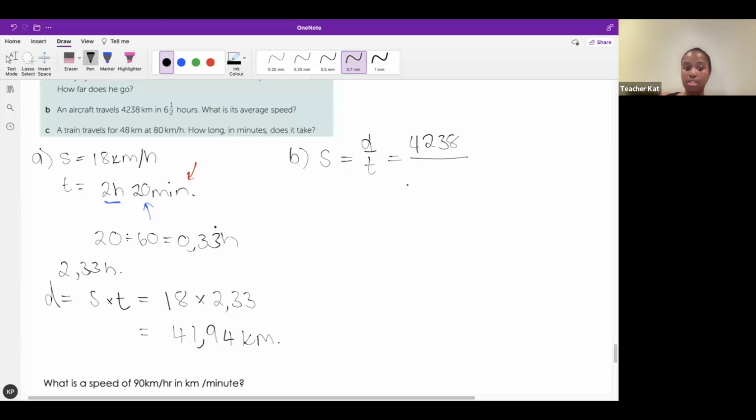So obviously going to have decimals, so it's going to be 6,5. So then what's 4,238 divided by 6,5? 652 kilometers an hour.